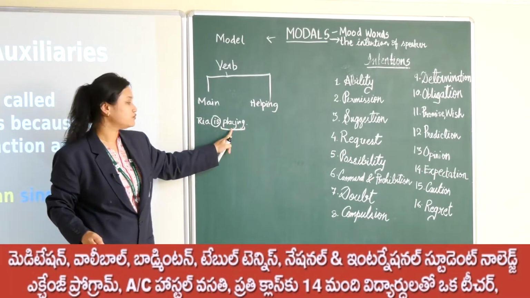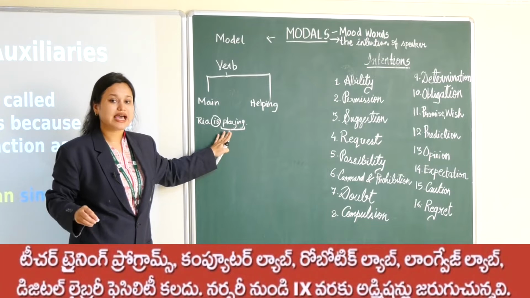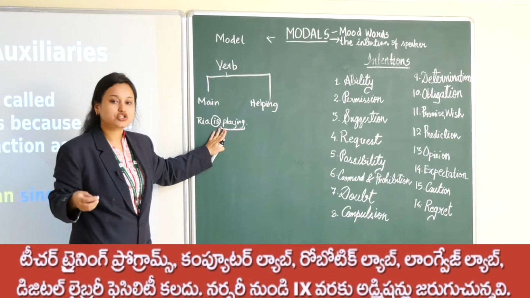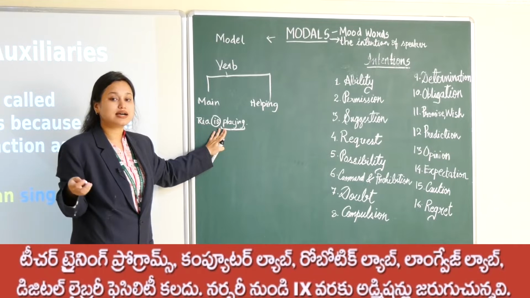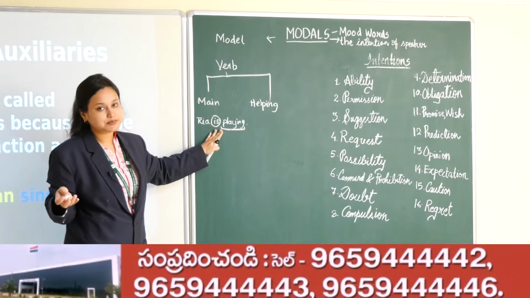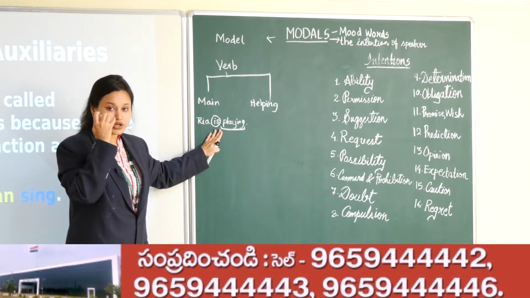Is comes before the word playing. What is the action here? The action is playing. So whichever words show us action, those are main verbs. But sometimes is and am are also used as main verbs.